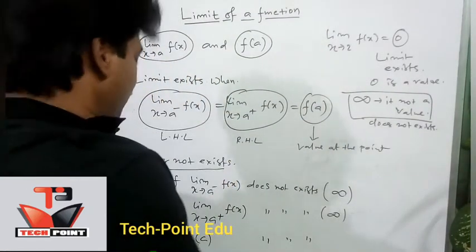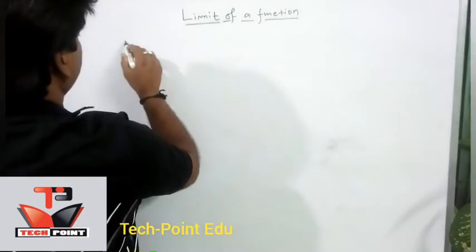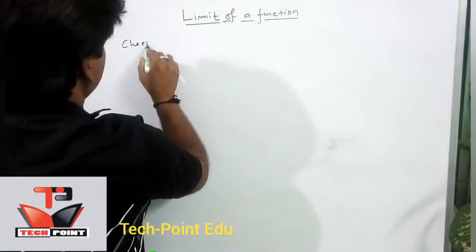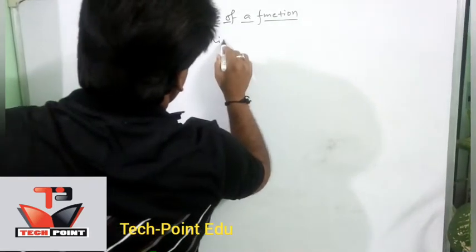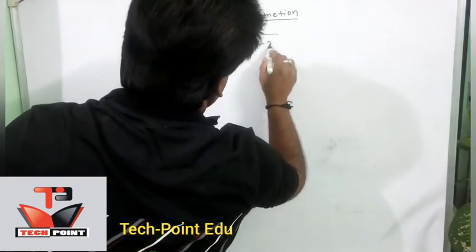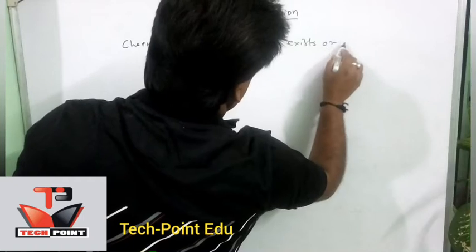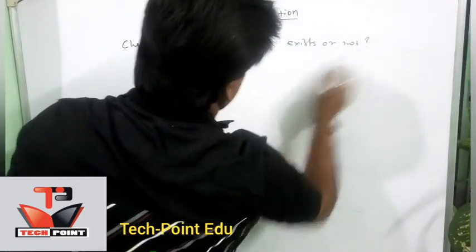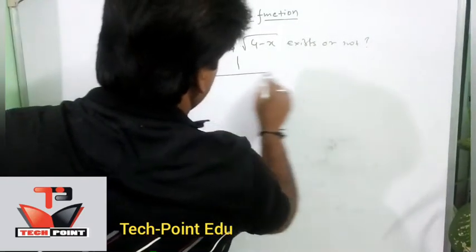Now I will show you another example. Check whether limit x tends to 4 of root under 4 minus x exists or not. Here also two parts are coming.